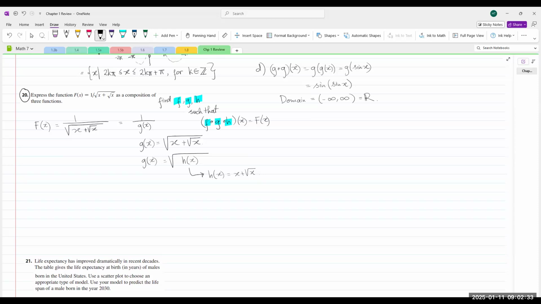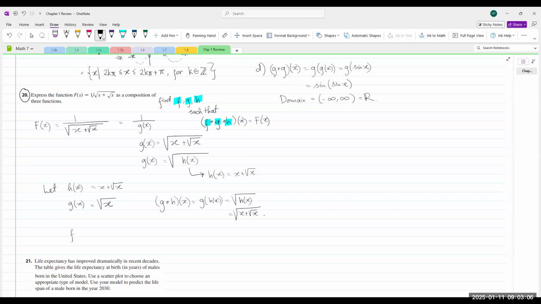So let me start with, let h(x) be x plus the square root of x. My g(x) be the square root of x. Notice that g compose h of x gives me g of h(x). That gives me the square root of h(x), which is the square root of x plus the square root of x. That's what we have so far.